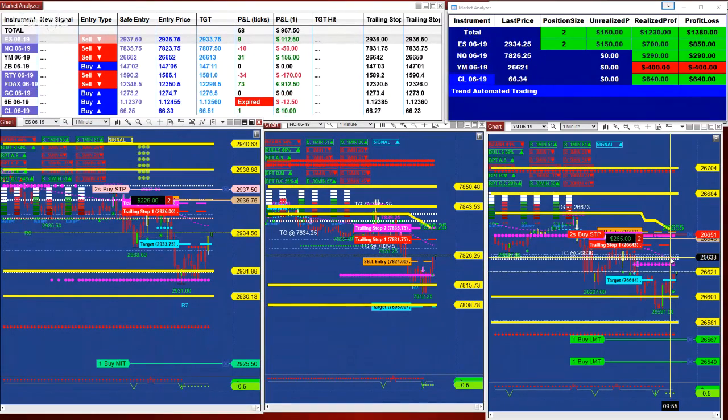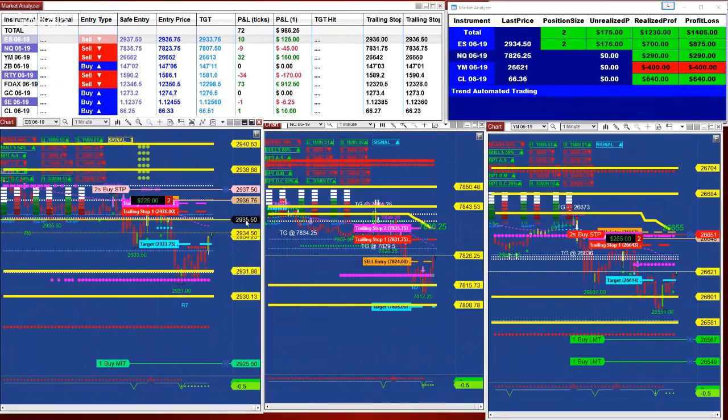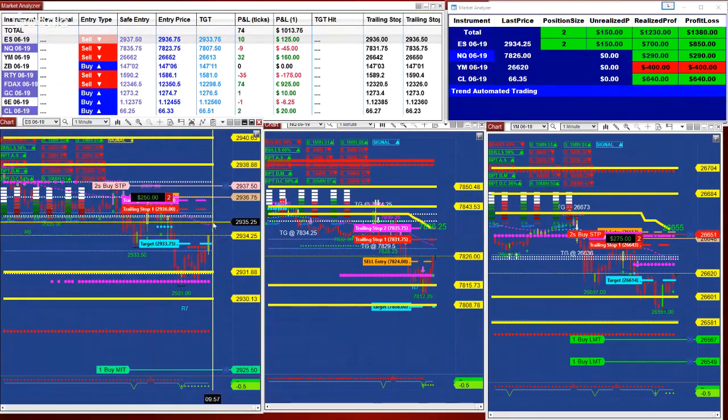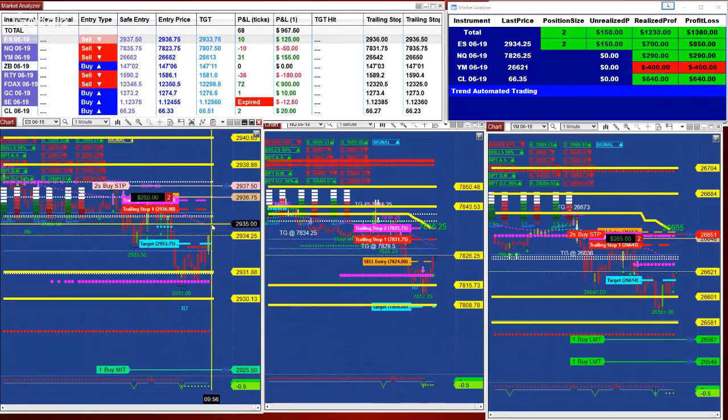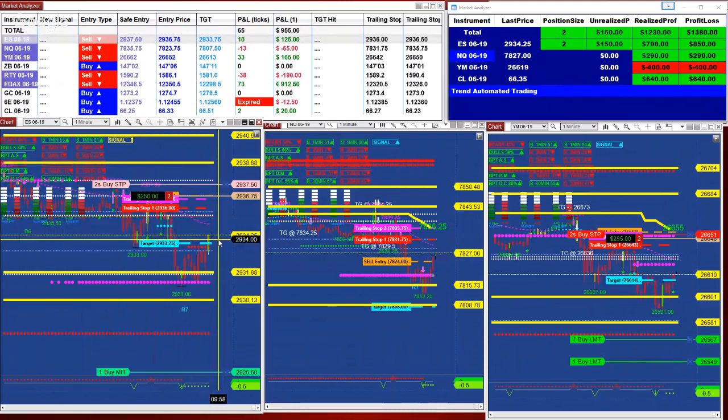I think it's just a pullback. Also, we have a re-entry point at 29.25 on the Nasdaq. It is right there. This is a re-entry. So I think it is a fake move on the ES, and the market is going to drop more, and we will see what will happen today on those things.